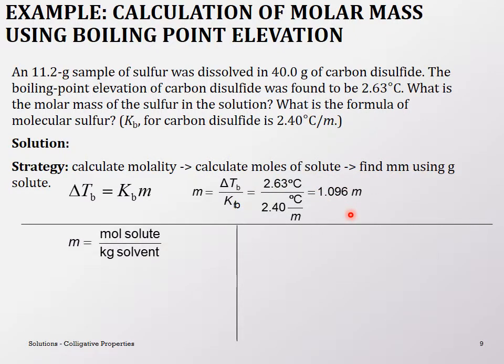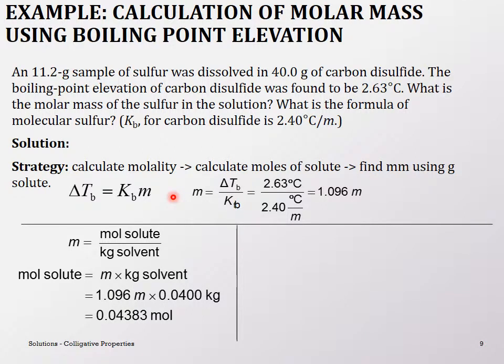So once you have the molality of the solution, it is moles of solute over kilograms of solvent. So that's nothing new. So what we need to do is find the kilograms of the solvent, which is 40 grams. You just convert it to kilograms. Okay, and so the moles of the solute can then be figured out by multiplying molality times the kilograms of the solvent.